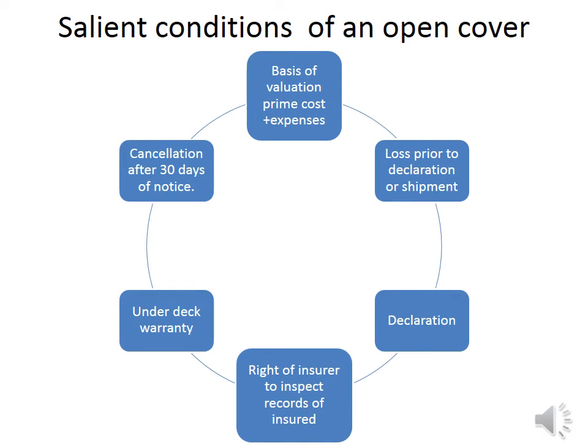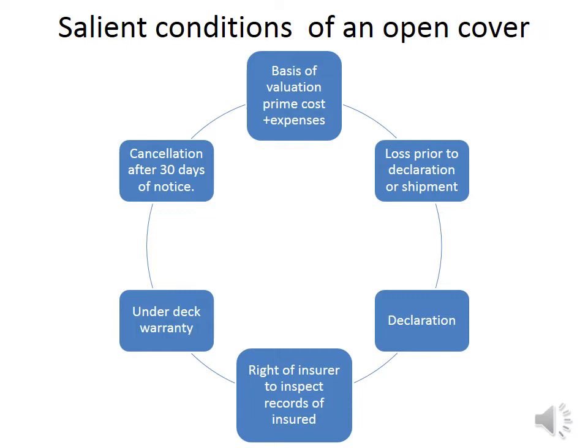So what are the salient conditions of an open cover? The first thing, in any policy, the important point is the basis of valuation. The basis of valuation could be prime cost plus expenses. Normally it is written FOB plus 10% or CIF plus 10%, or C&F plus 10%.